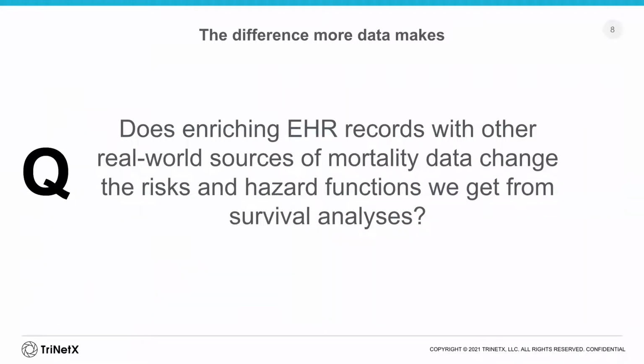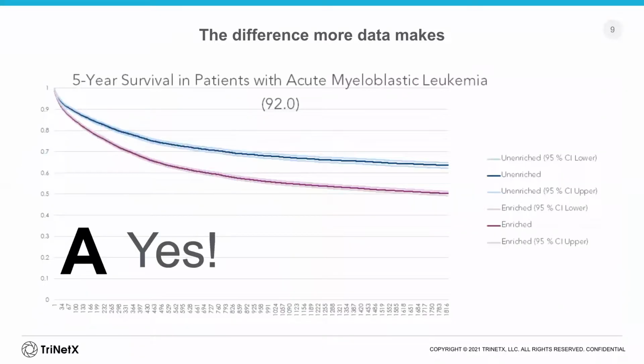So the major question is, does linking EHR data to other real-world sources of mortality change the analysis? And the answer is yes, of course it does. Here's an analysis looking at that enriched versus unenriched cohort, a group of patients with acute myeloblastic leukemia, AML, looking at 5-year overall survival.